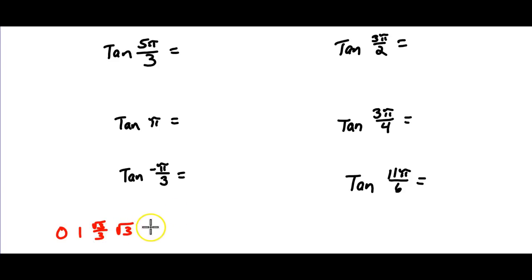You can get undefined. And you can get the negative values of these 3 in the middle. Remember, this isn't written in order. It doesn't have to be, but it might help if you do write it in order from least to greatest. Square root of 3 over 3 is less than 1. So those are our possible values, and these could be plus or minus in the middle.